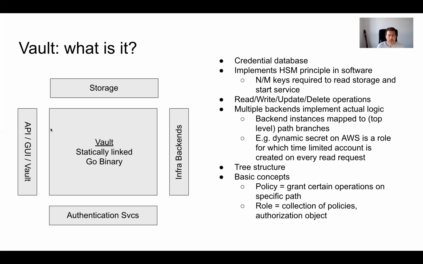Now, where Vault really gets useful is infrastructure-specific backends. They are modules implementing this functionality for various types of infrastructure, which can be used interchangeably. For example, for AWS, you can have a backend which defines a credential, but this credential is not a static one.